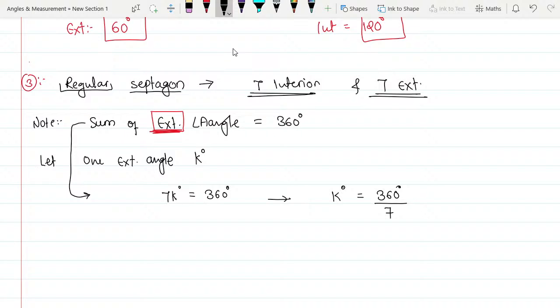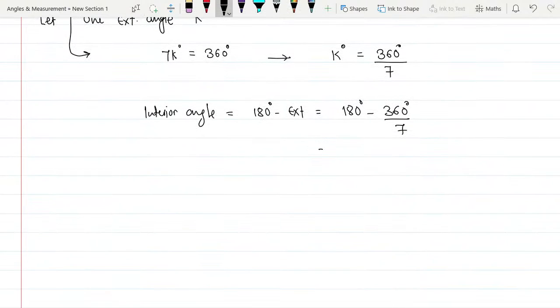Now can we have the interior angle for this? Please tell me what the interior angle will be. The interior angle will be 180 degrees minus the exterior angle, which is nothing but 180 degrees minus 360 degrees upon 7. If I solve this further, I get 7 into 180 degrees minus 360 degrees, upon 7.